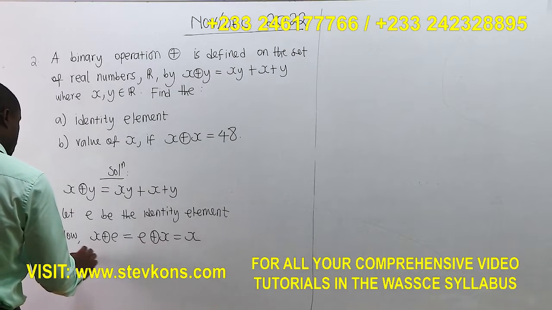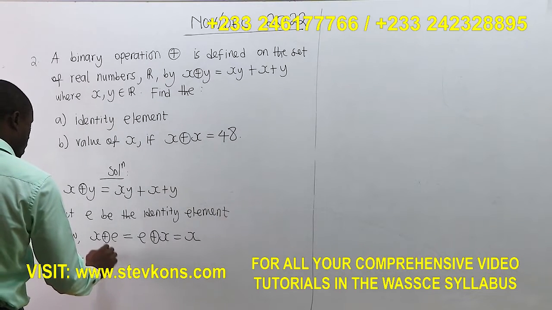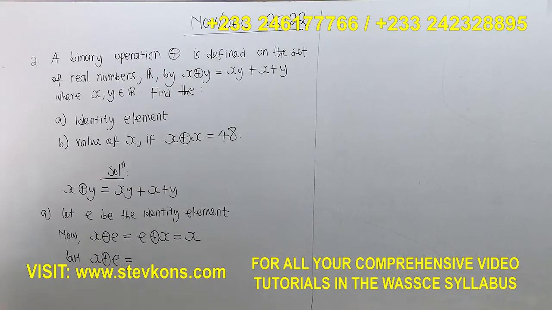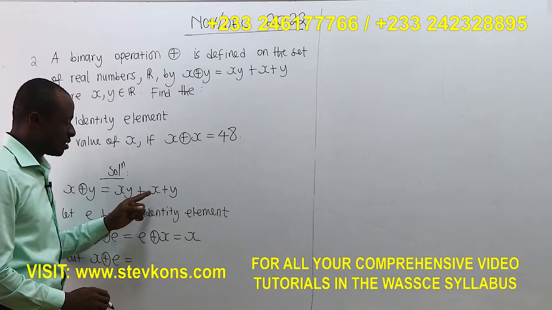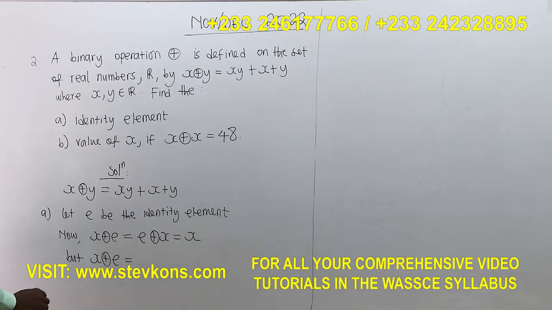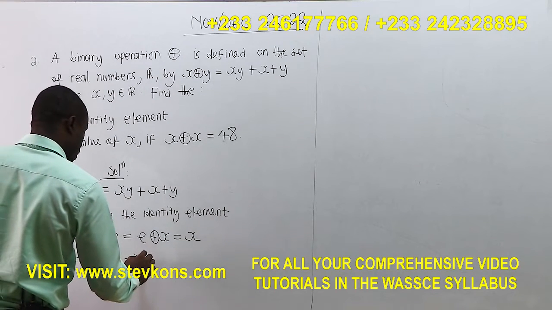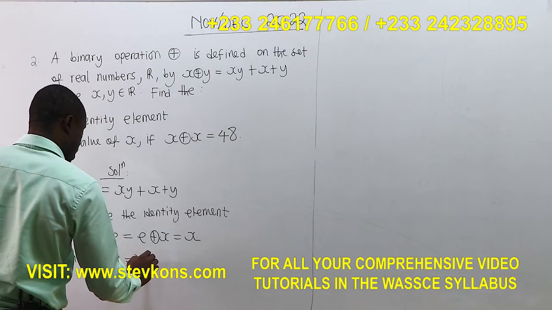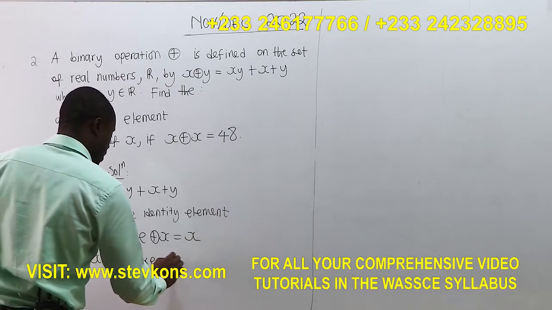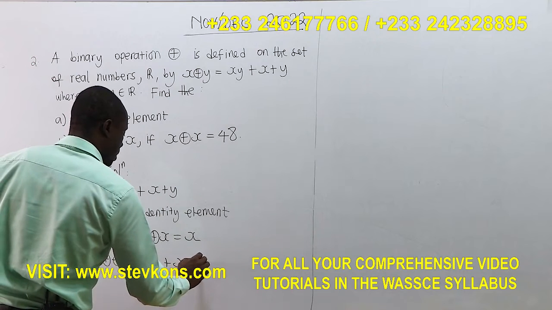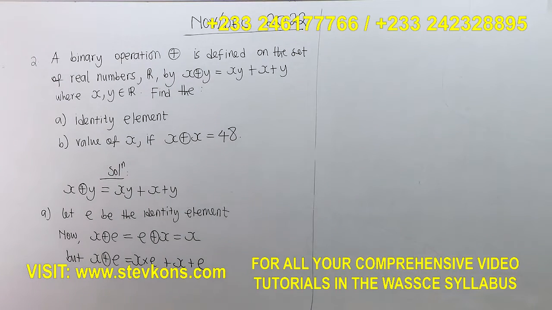But x operator e, using the rule given to us, is given by what? xy, the first times the second, plus the first plus the second. That is what the rule is saying.